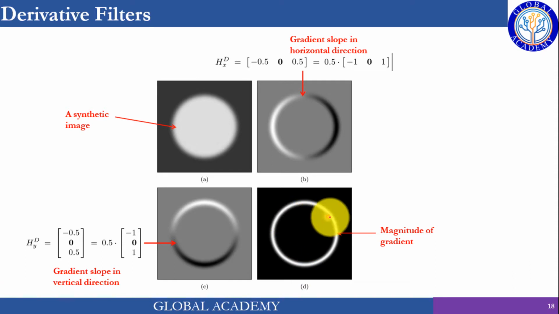You can see there is no doublet effect or two-color line effect. There is only one fine line representing this edge, as compared to the Laplacian, where we usually get a doublet effect.